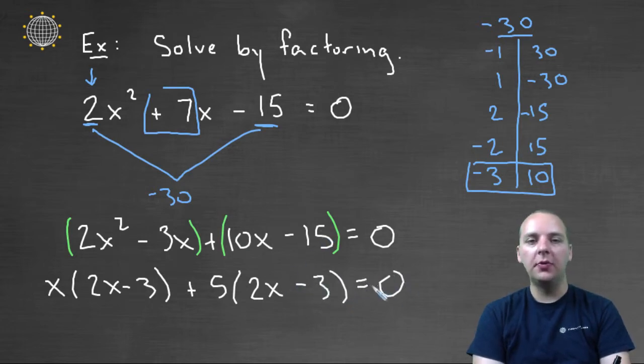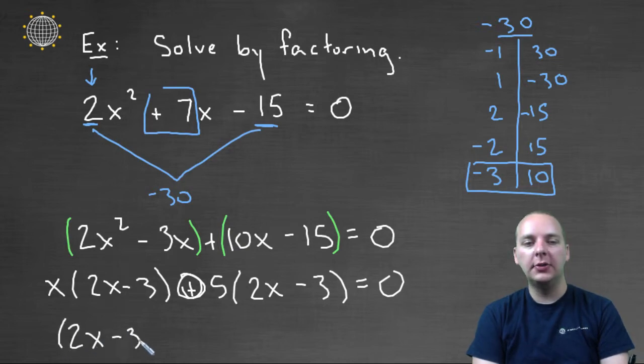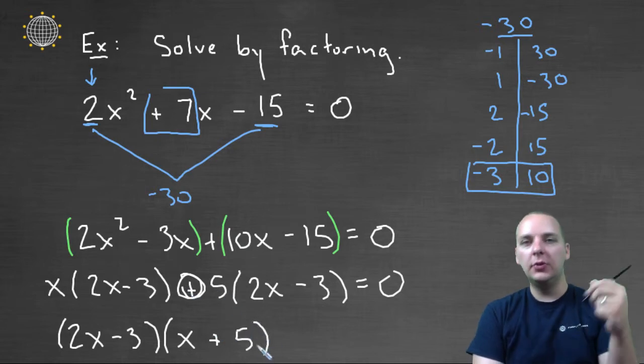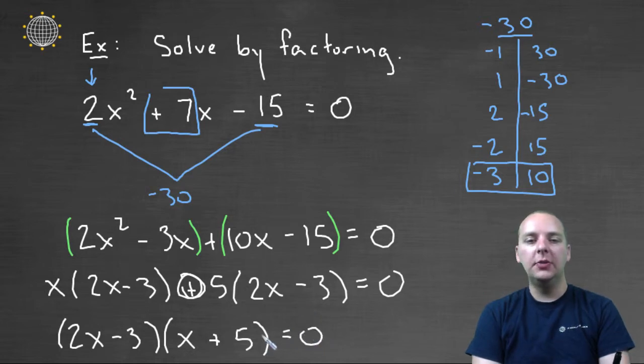Still equal to 0, of course. Now this is not a product yet because I still have a plus sign, but what I do notice is I have a common factor here of 2x minus 3. They both have one. So I can factor that common factor out, that 2x minus 3, and that would leave me with a leftover of x from the first term and a plus 5 from the second term after those 2x minus 3's have been factored out of there. And it's equal to 0.